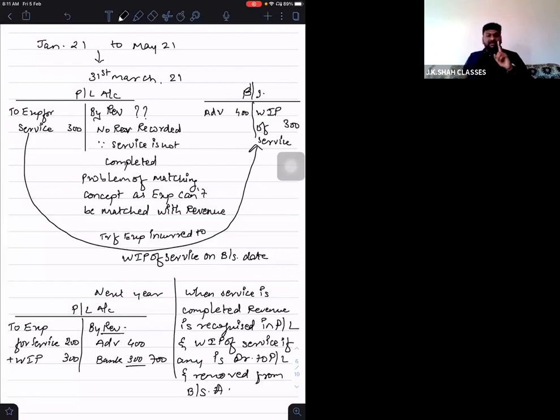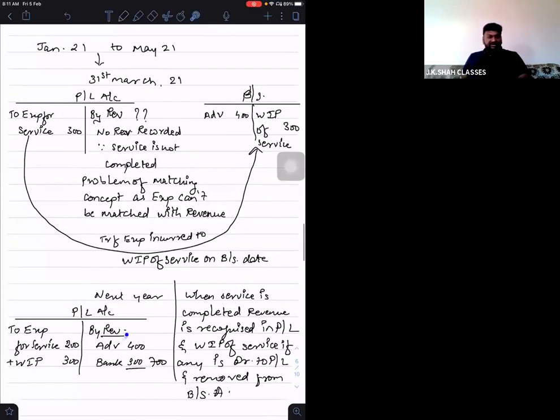So whatever is the expense that you have recorded with respect to that service in the P&L debit, please transfer it to WIP of services, because revenue cannot be recorded. And when in the next year or so on, the service gets completed and you record the revenue in the P&L, at that time, what you have to do, remove the WIP from the balance sheet and again put it to the P&L account debit side.